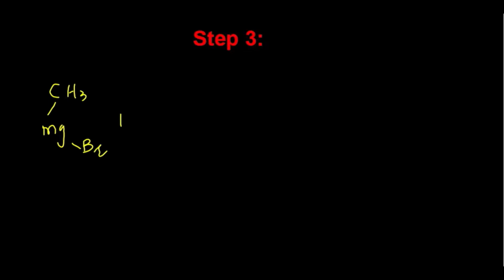Now acetone which is formed, CH3, there is a partial negative charge on this oxygen and partial positive charge on this carbon atom. The carbon which is directly attached with magnesium has partial negative charge, while there is positive charge on this magnesium atom.